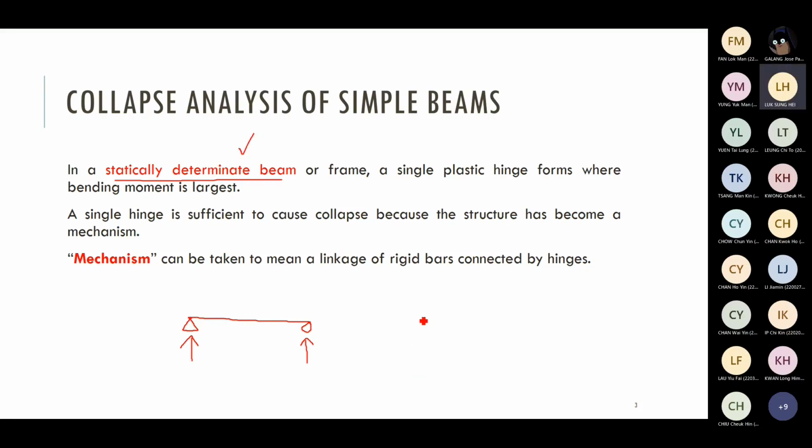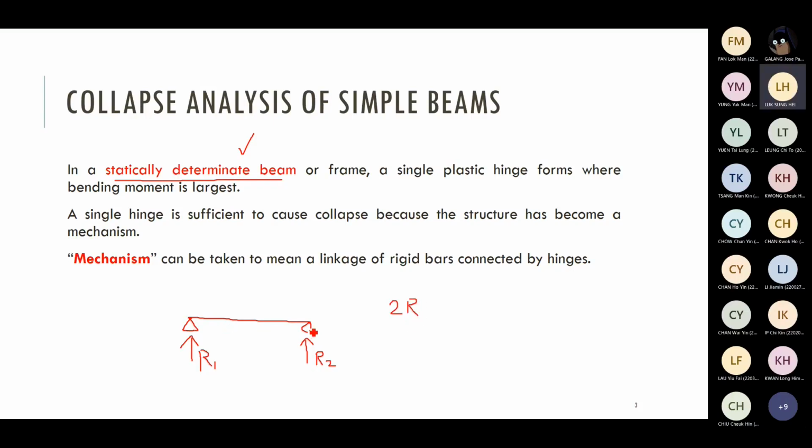In some previous structure analysis module, we have learned one term called statical indeterminacy. Right? You can calculate the number of reactions, and you can count the number of equations you have. For a simply supported beam, you have two reactions, R1, R2. How many equilibrium equations do you have?